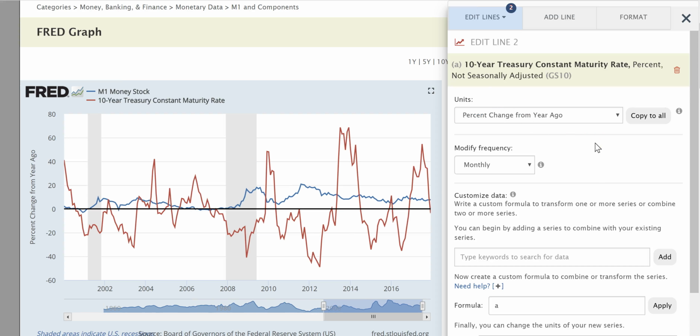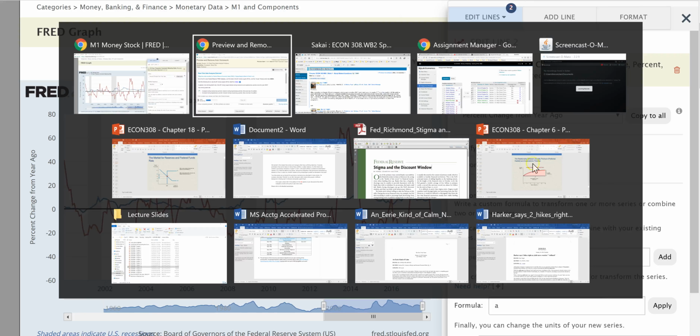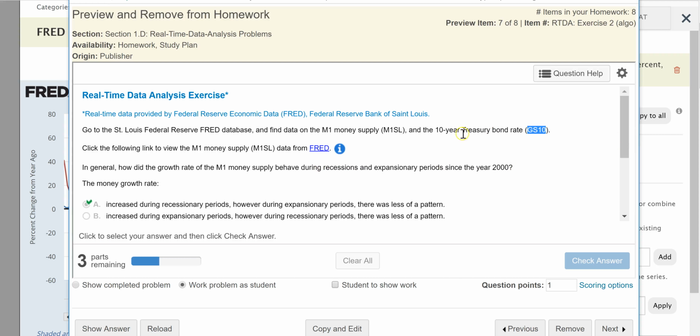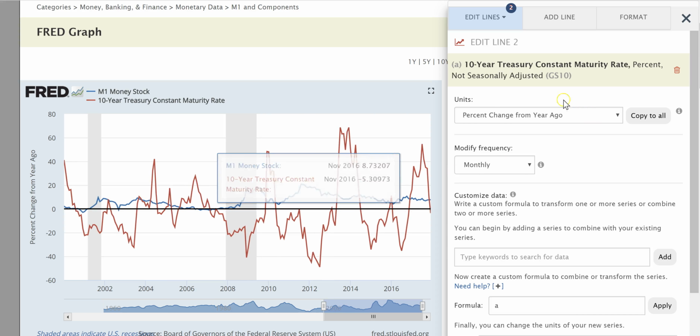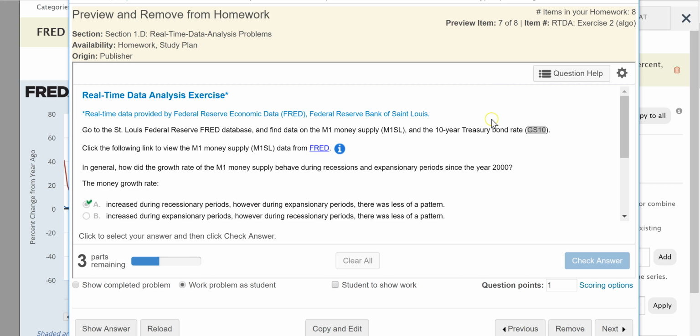So now we need to be super careful because when we dealt with the first data series, M1 money supply, remember we did the change because the direct data is in levels, but the question is asking about the growth rate. So we changed the level to the percentage change over the year. But the second line refers to the 10-year Treasury bond rate, so that's directly the interest rate.